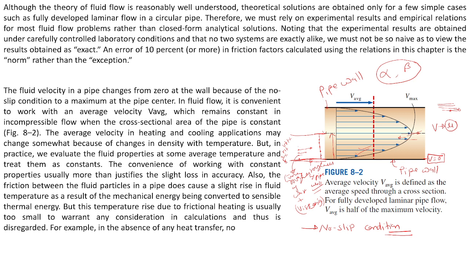At each and every point velocity is changing, but if you write this formula, discharge is equal to area into velocity. Here velocity is the average velocity. Average means what?